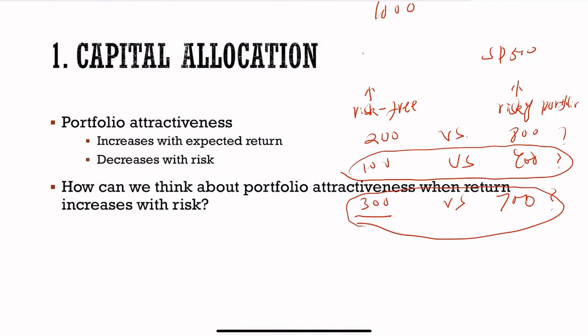You might say, well, I think the attractiveness of the portfolio will be smaller if the risk of this portfolio increases, right? So basically you can imagine that portfolio's attractiveness increases with return and decreases with risk. Basically, it says that for an investor, return is preferred, right? And risk is not.